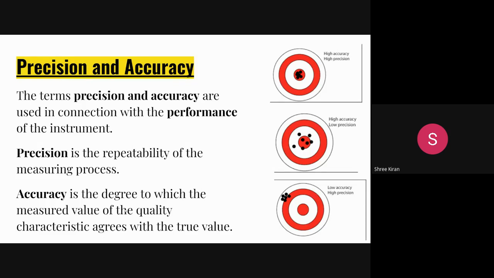Karthik Koseri, can you tell me what the various instruments used for measuring were? Karthik, are you available over there? Yes, Karthik, can you tell me the basic instruments used for measurements? We discussed it last class.